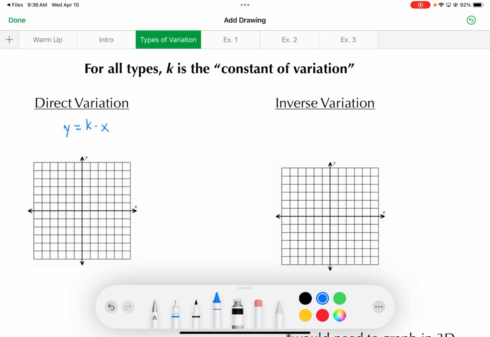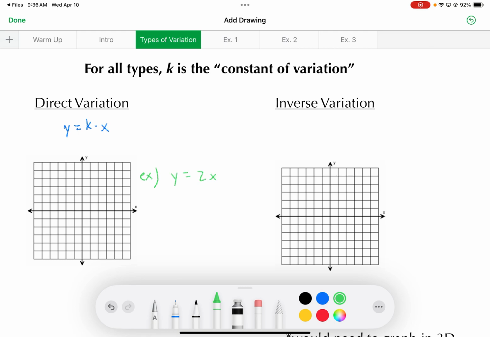So the mark of direct variation, at least in a real world situation where everything is positive most likely, is that for 2 variables to vary directly, as one value gets bigger, the other's going to get bigger. So if I make x a larger number, as x increases, y is going to increase as well in a direct variation situation, okay?